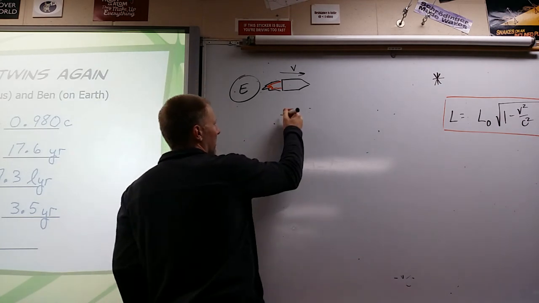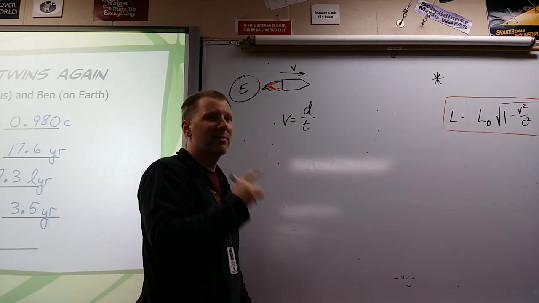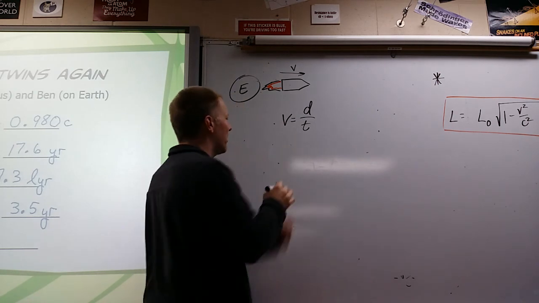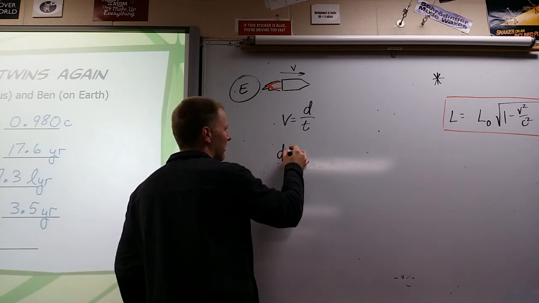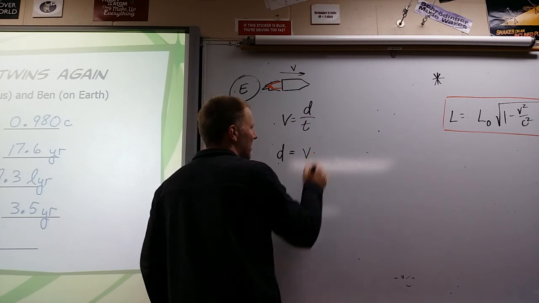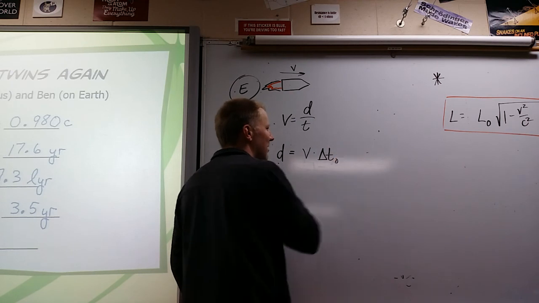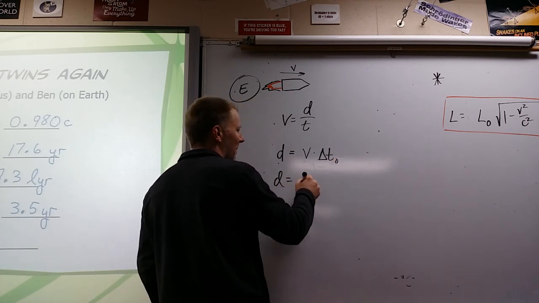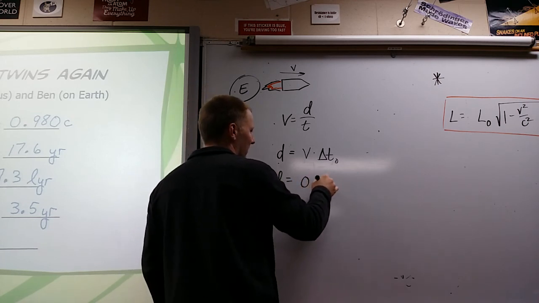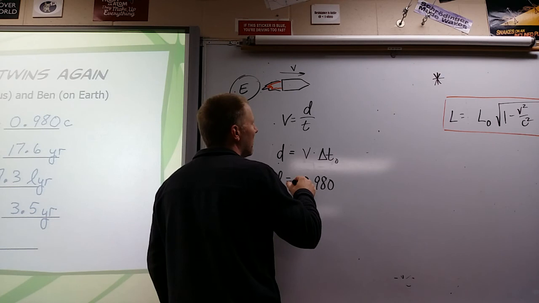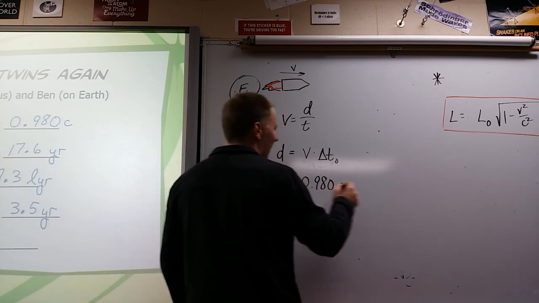So if we do velocity equals distance over time, just our typical one, using what Chad measures for each of these things, we could rearrange and find the distance that Chad measures, which will be our L, would be equal to his velocity times the time that he measures, which would be, as we said, the delta T naught. So we said 0.98 c times 3.5 years.